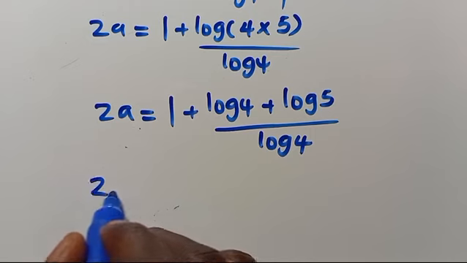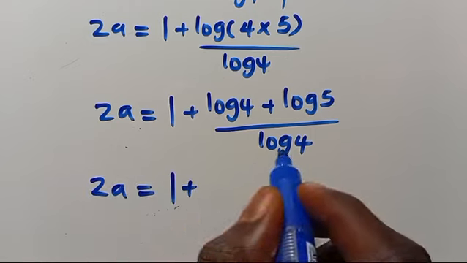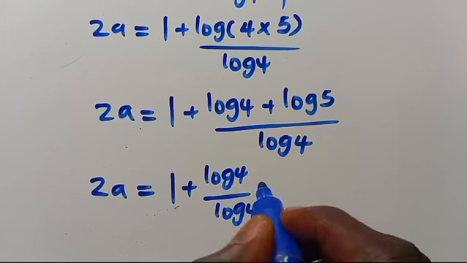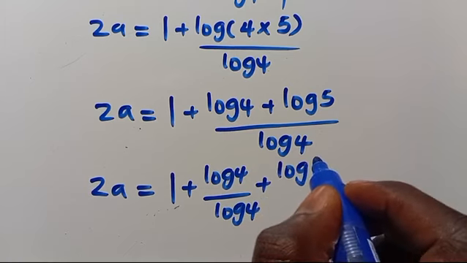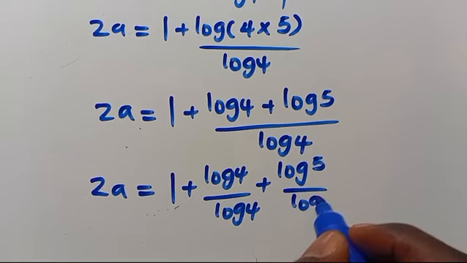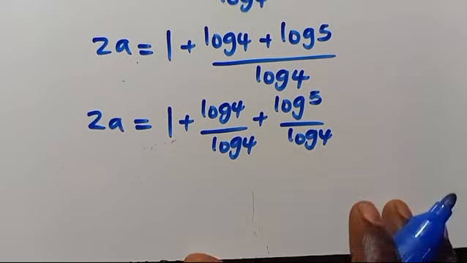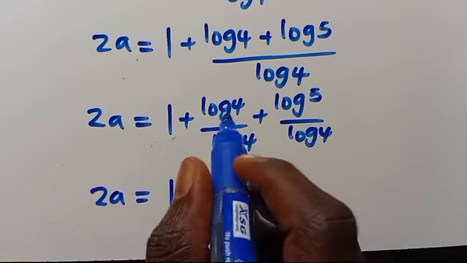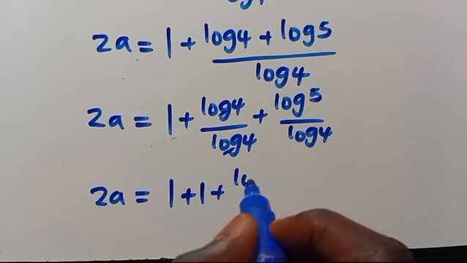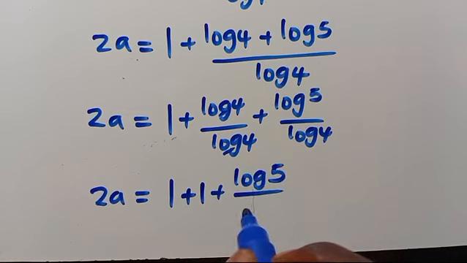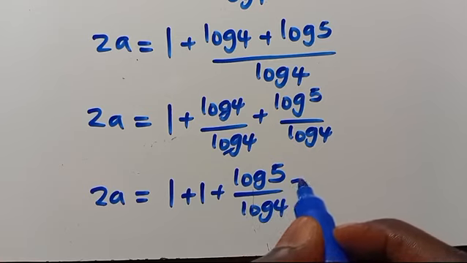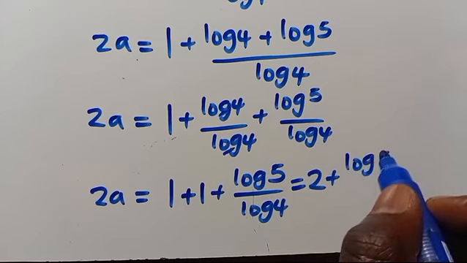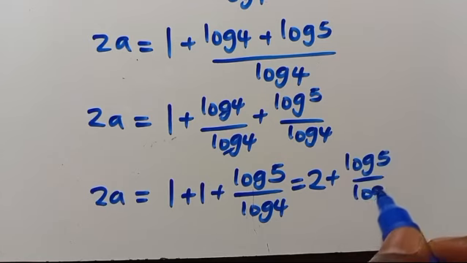We can also write this as 1 plus log 4 over log 4 plus log 5 over log 4. So 2a equals 1 plus 1 plus log 5 over log 4. 1 plus 1 will be 2 plus log 5 over log 4.